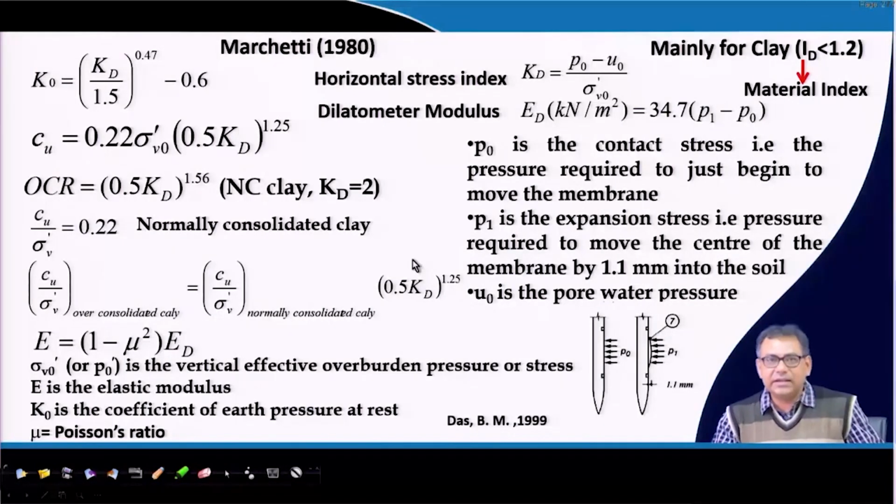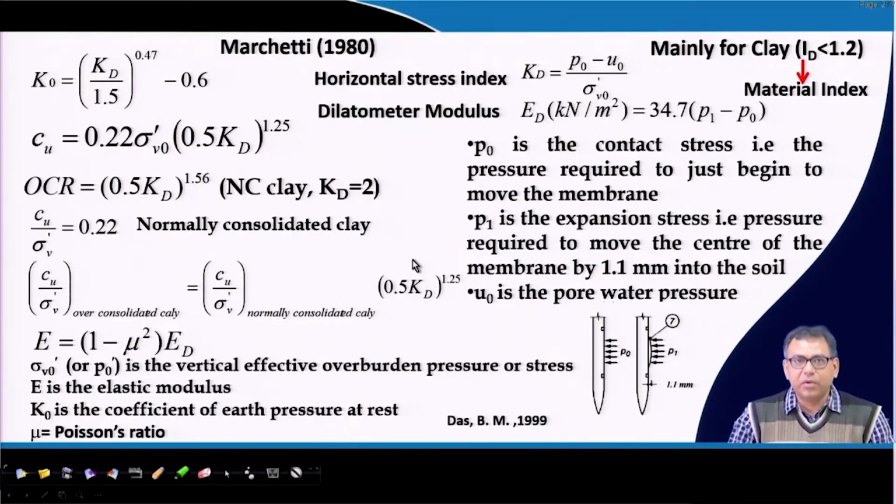Once we get these readings, we use these correlations for different types of soil. First let me explain what P0 and P1 are. As I mentioned, P0 is the contact stress, that is the pressure required to just begin to move the membrane.